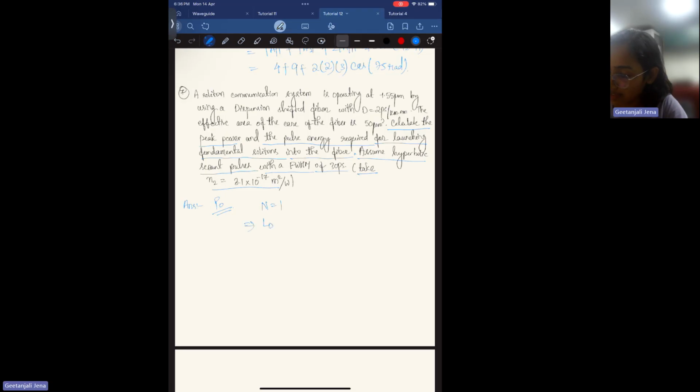So LD equals LNL when N is 1. I am writing this equation again and again so that you can easily recall it whenever you are going through a question, and recall the condition for a fundamental soliton.